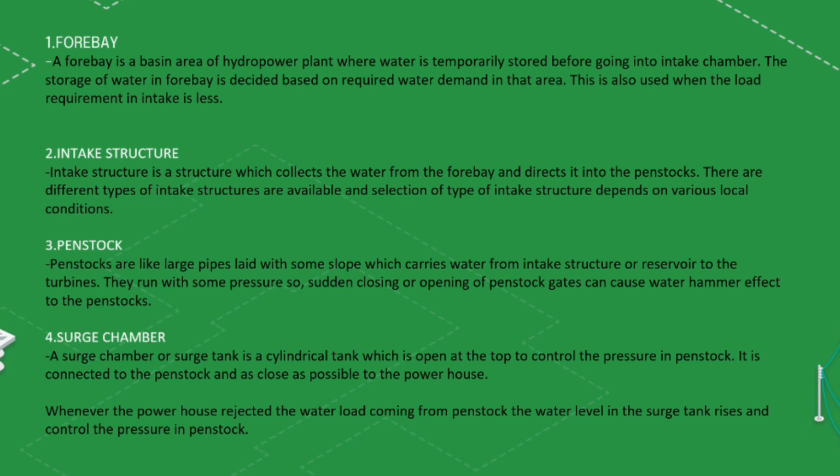Number three is the penstock. Penstocks are like pipes laid with some slope which carry water from the reservoir to the turbine. Number four is the surge chamber.